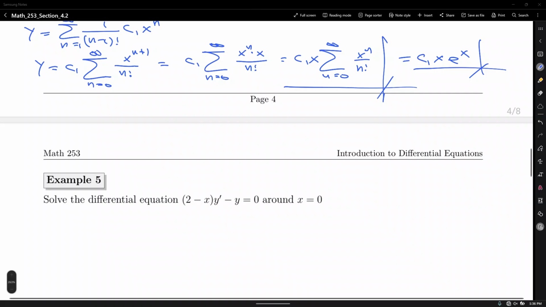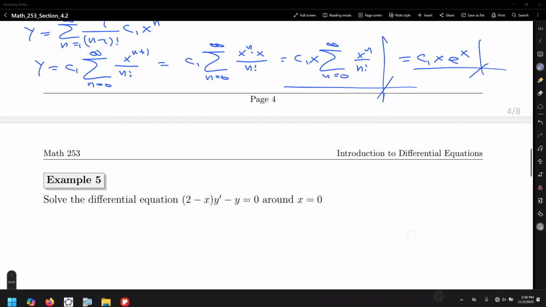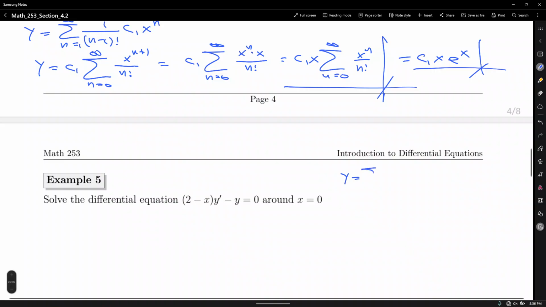All right. Solve the differential equation (2 minus x) y prime minus y around, again, x equals 0. Okay, again, assuming y equals the sum from n equals 0 to infinity of c sub n x to the n, and y prime equals the sum from n equals 0 to infinity of c sub n x to the n minus 1.